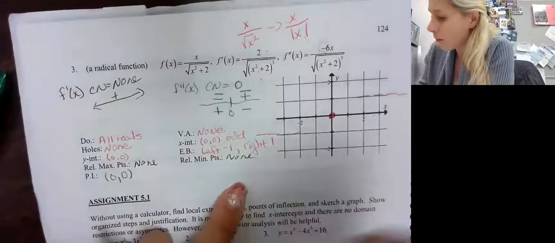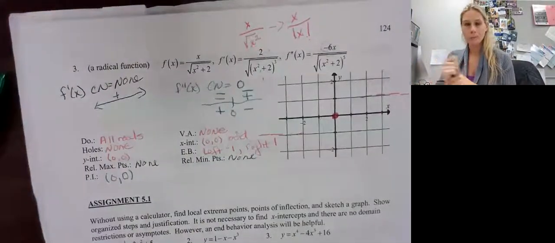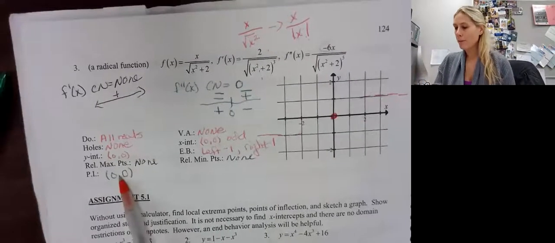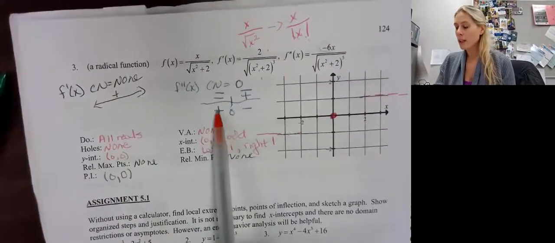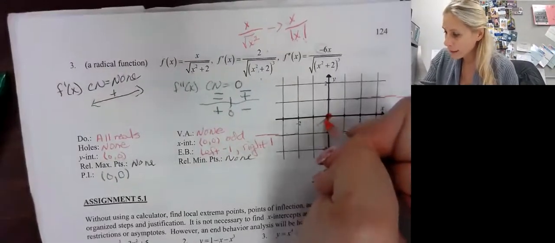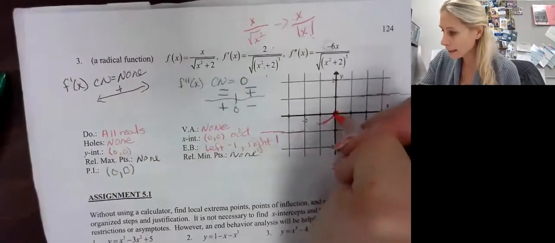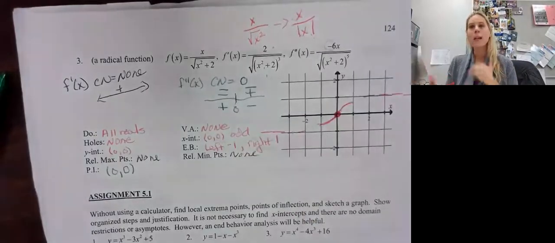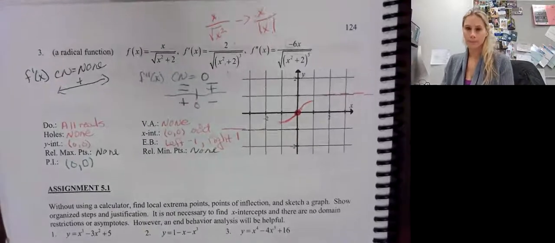At the right, we have 1. Remember, it gets really close. Now, what I would do with this then is look at that point of inflection. That means we have a concave up on this side, and this side we have a concave down. So see how I make little indications of where it's going.